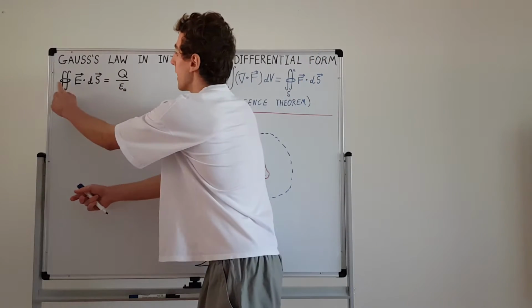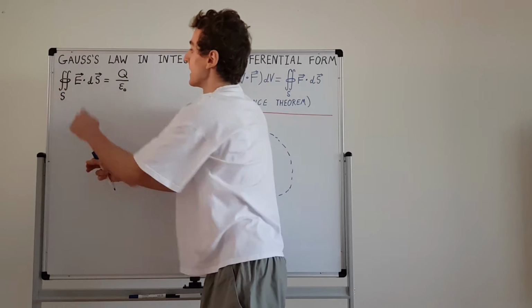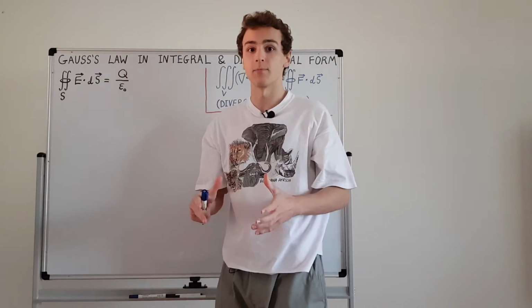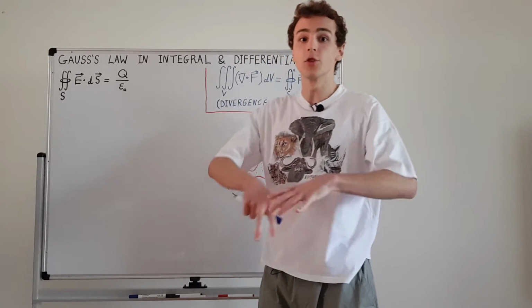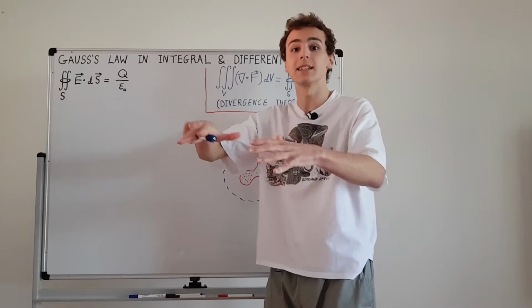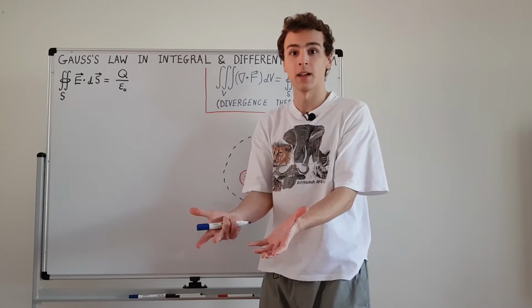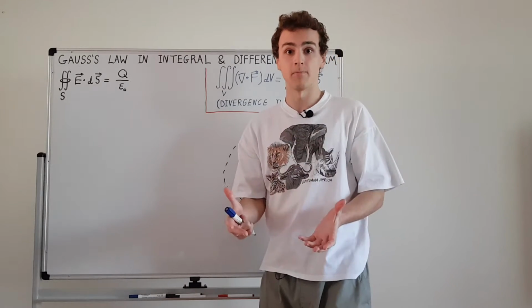This little ring, this little extended circle, or ellipse, indicates that this is a closed surface. And the two integrals are there to indicate that it's a two-dimensional surface. It's a two-dimensional surface, but it exists in 3D space. So it's a closed surface, and it encloses a volume.